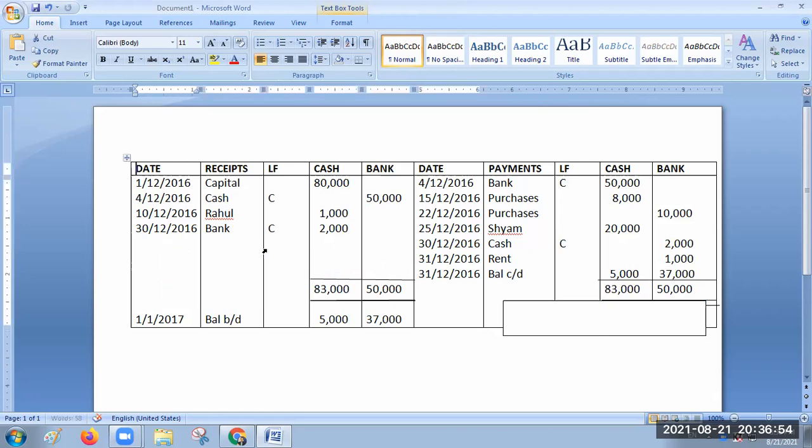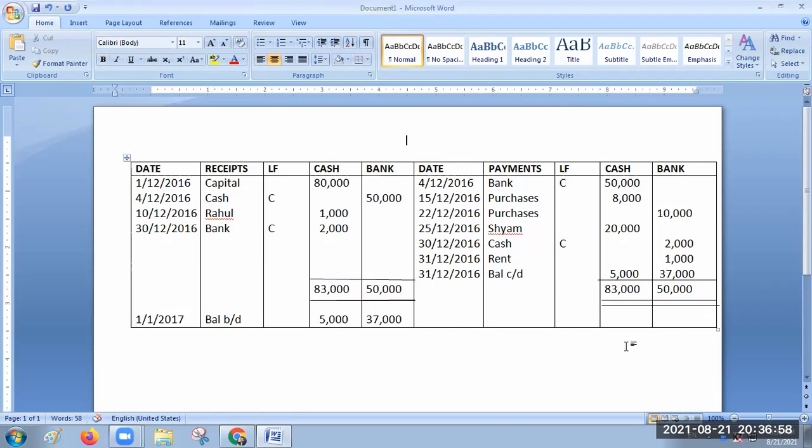Any doubt is there? Heading you have to write: double column cash book, or cash book with bank column, of so and so, the person's name. Double column cash book of so and so person's name for the month of December 2016 you have to mention.